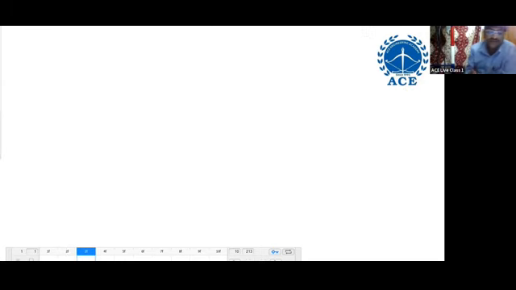Next page, first problem. Draw the Bode plot for G of s H of s equal to K. Come on, do it.